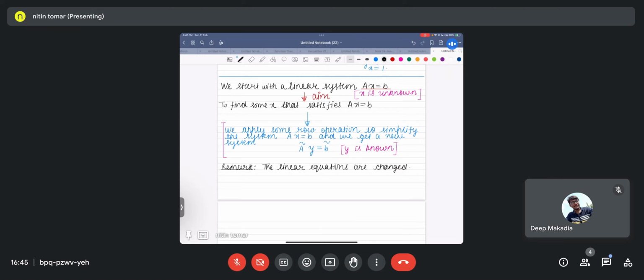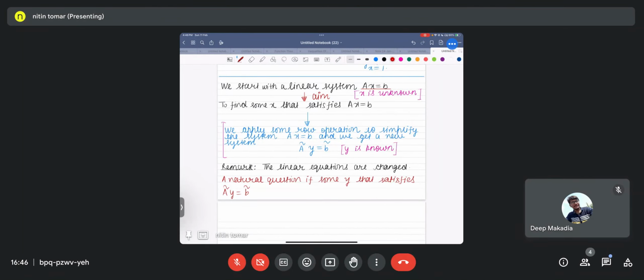So a natural question is, can we have the same solution? If some y satisfies A tilde y equal to b tilde, because the second system is easier to work with, we will solve this system and we will get one y.